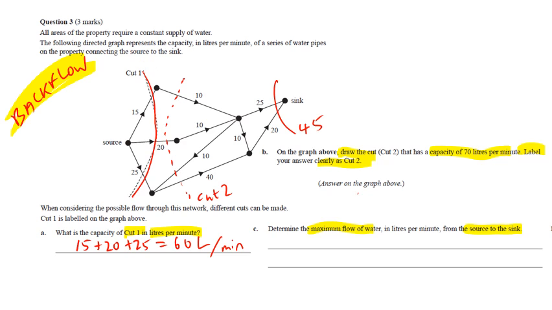So we can just forget about cut 1 and it's 60, and we can forget about cut 2. All we've got to see is, can we improve on that? Are there any better cuts in there? Well, if you look in this, we want to probably avoid the 40 line. So is there a way to cut that wouldn't include the 40 line? Well, let's cut like this.